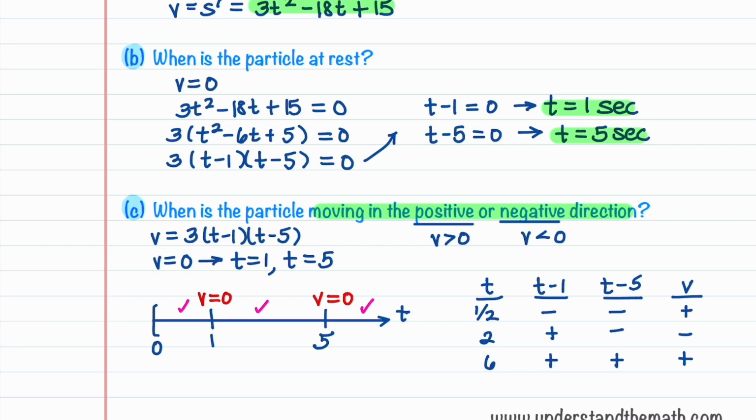So I'm going to add in our table here that our velocity is greater than 0. In the middle region, it's less than 0. And then in our region on the right, it is greater than 0.